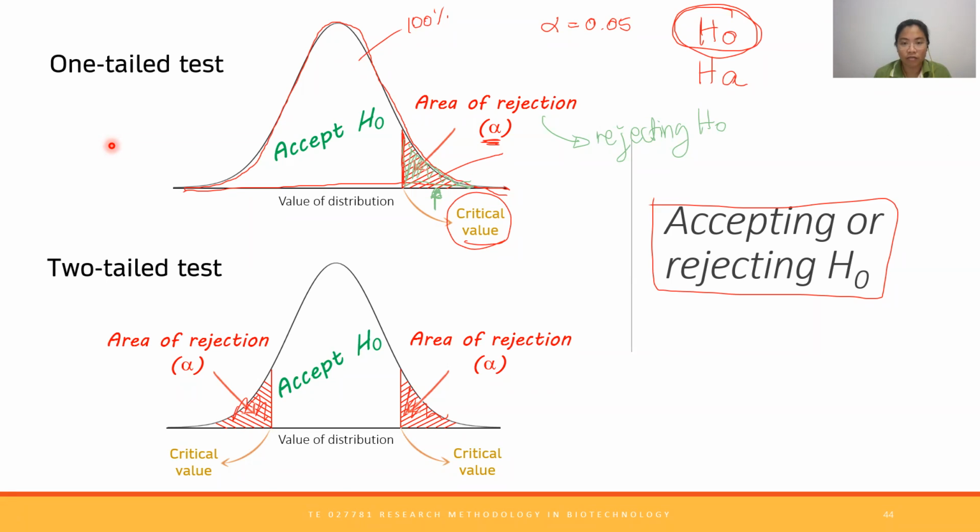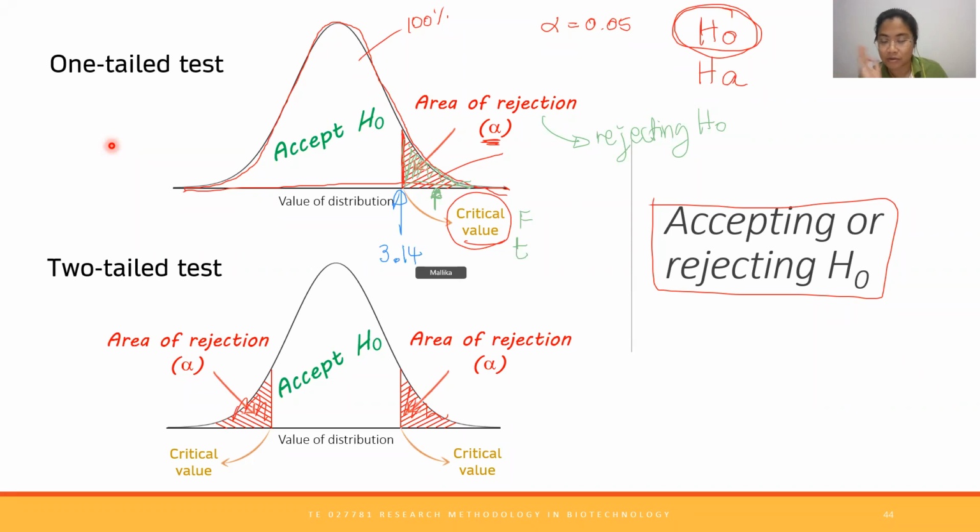The critical value actually depends on the type of test that you do. If you are doing an F test, you will have F as your critical value. If you are doing a T test, you get the value of T as your critical value. For example, if you are doing an F test, say the critical value for F is 3.14.